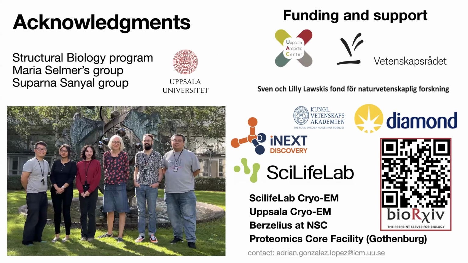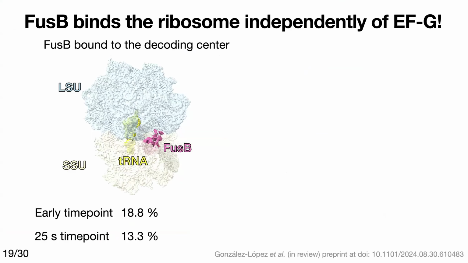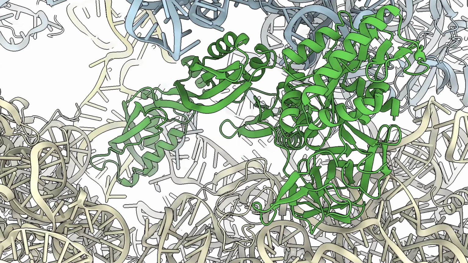So FUSB doesn't utilize any energy molecule like ATP or GTP. EFG has already used its GTP at this stage. I can go back to the video if you want. It's easier to see there.